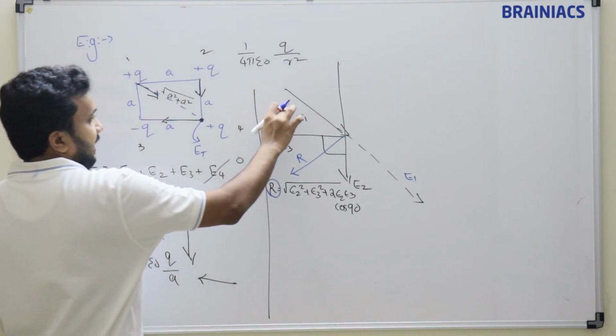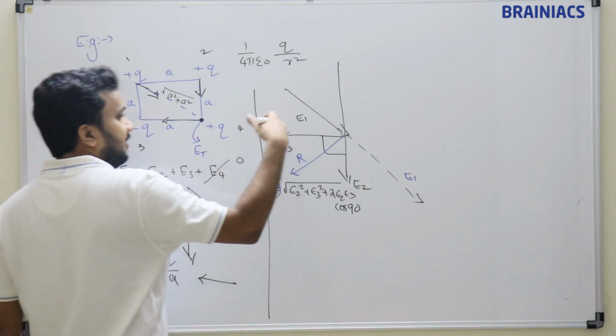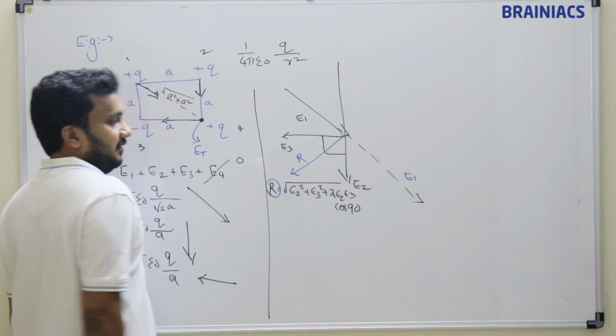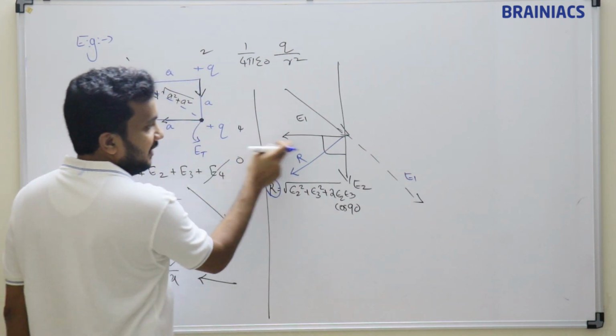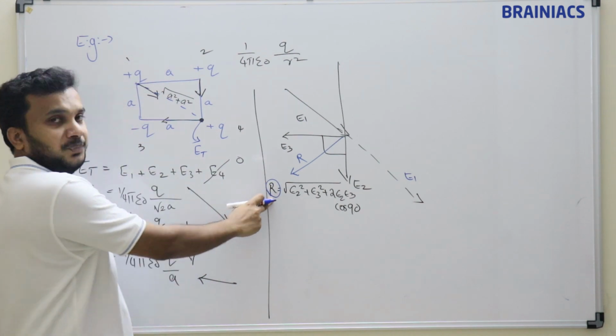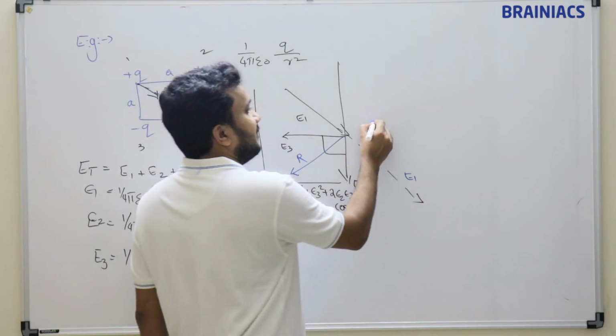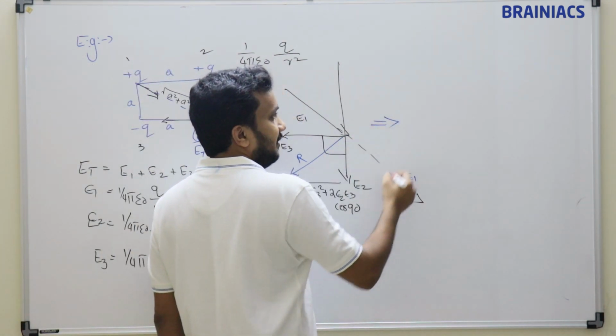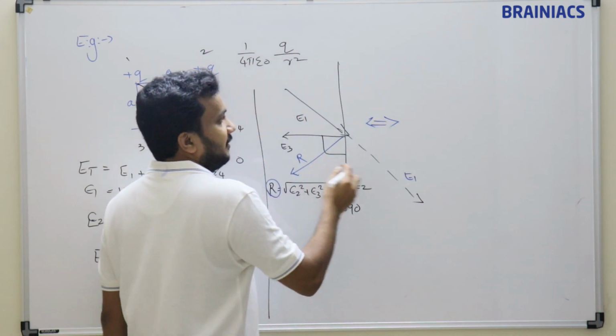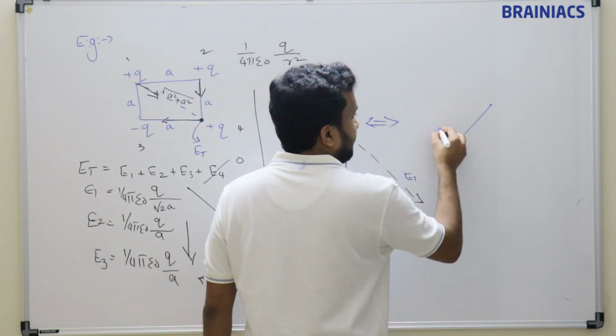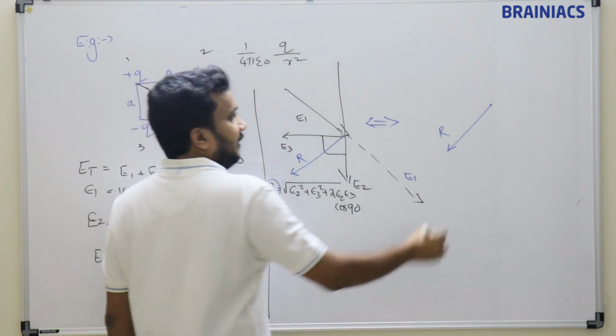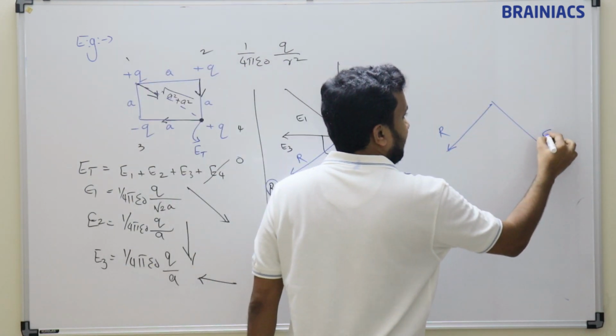Now we have E1, E2 and E3, and with E3 and E2 together we have a resultant vector. So in this diagram we have a resultant vector like this, and we have an E1 vector like this.